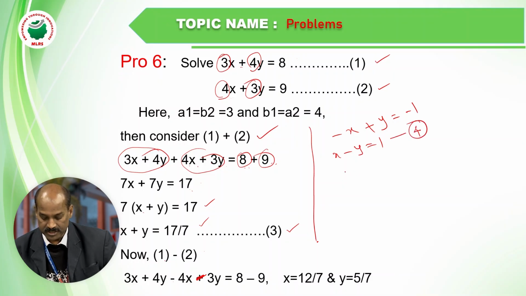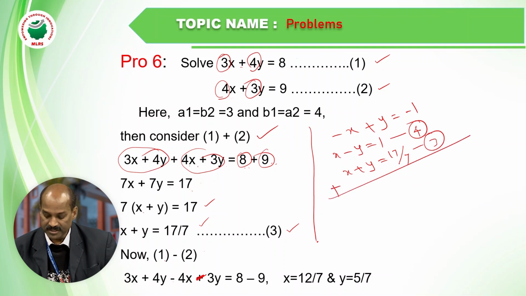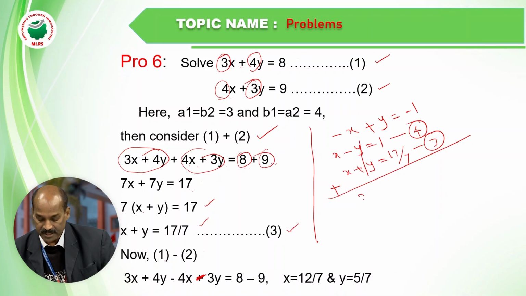What is the first equation? Third equation, x plus y equals 17 by 7. Now adding these two equations, both sides, then we get minus y plus y cancelled. x plus x, 2x equals 1 plus 17 by 7.